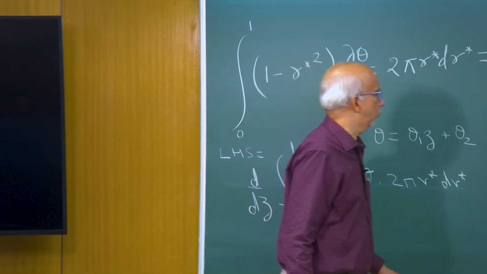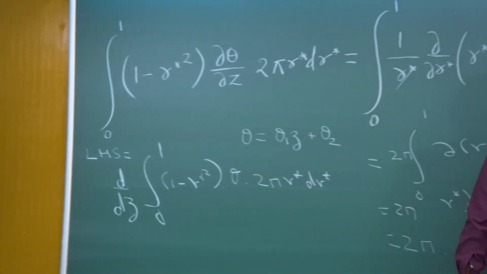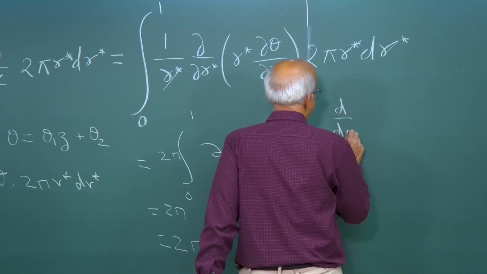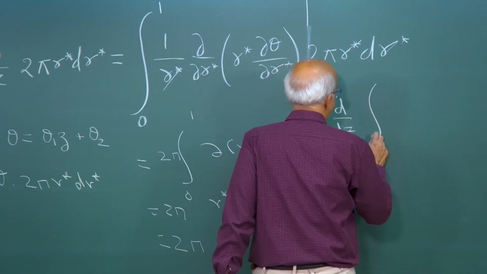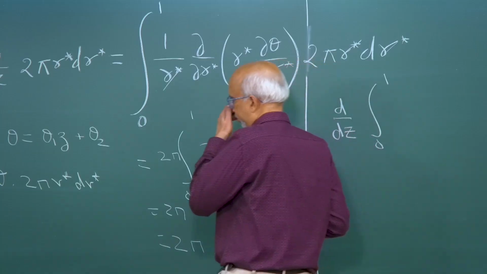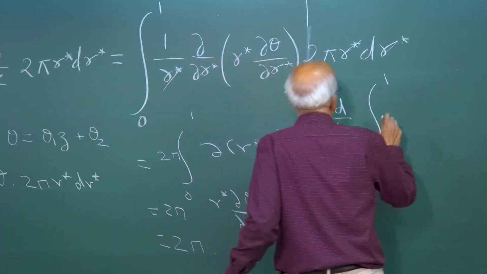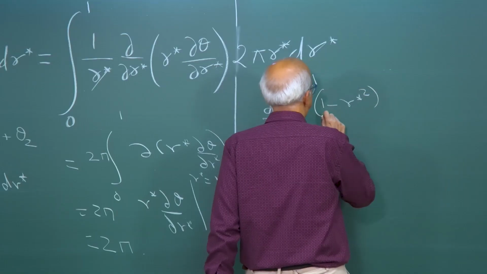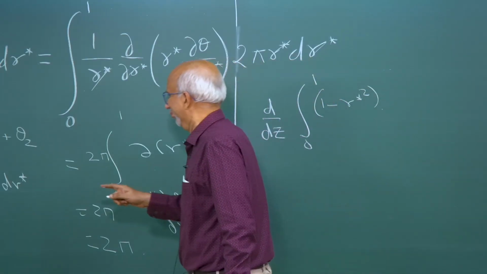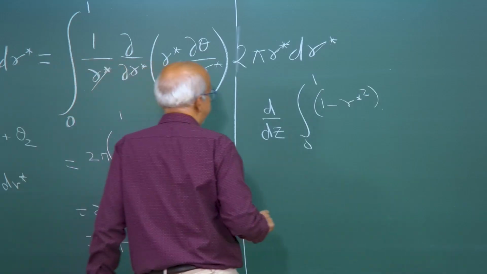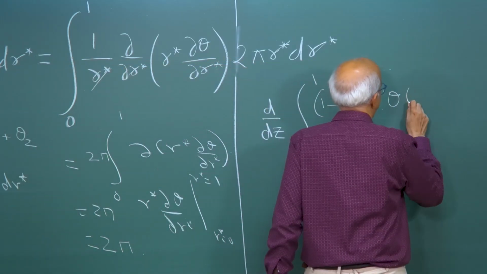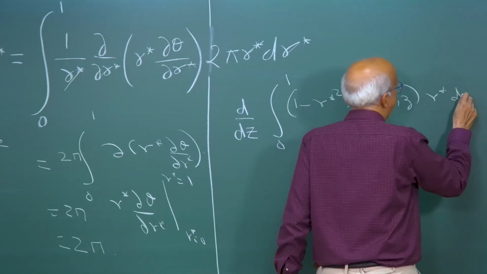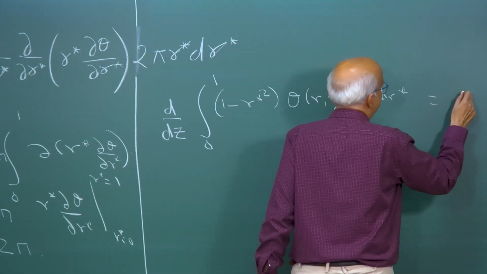So, basically what I have to do is, I will write this again, integral 0 to 1 of 1 minus r star squared times theta of r comma z times r star dr star equals 1.